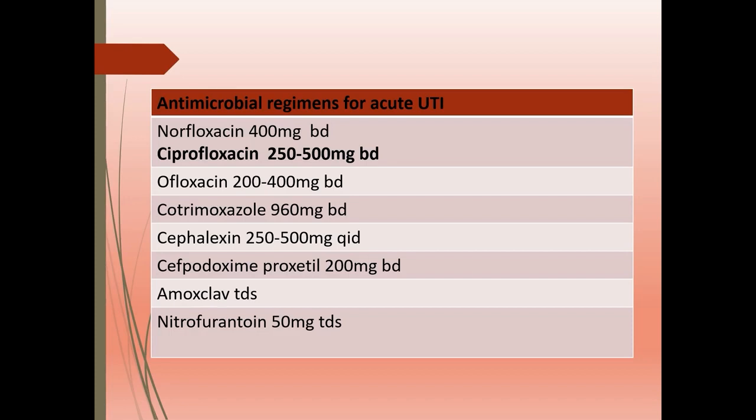Any of these can be prescribed for the treatment of acute UTI. The patient may be advised to take it for 3 to 5 days. So this is the management for acute UTI for a duration of 3 to 5 days.